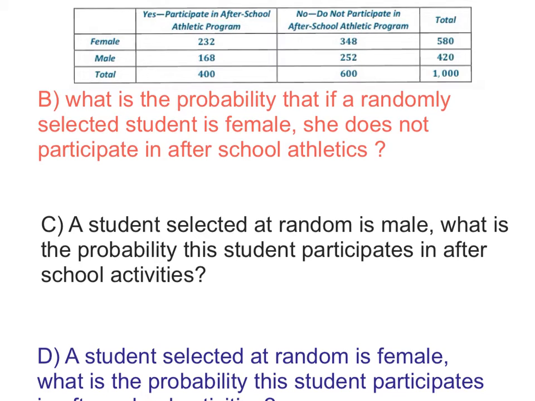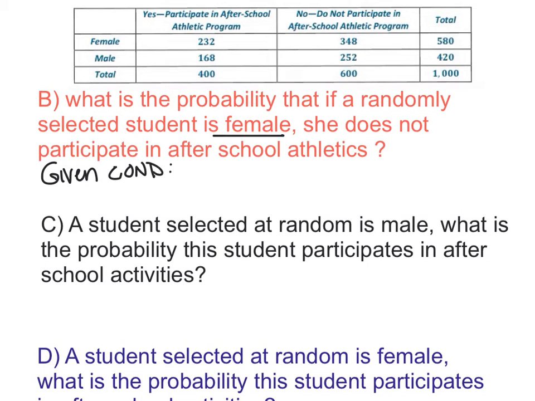B, same table again. What is the probability that if a randomly selected student is female, she does not participate in the after-school athletics program? We're going to write out the given condition and the probability every time here. The given condition is that you have to be a female student.